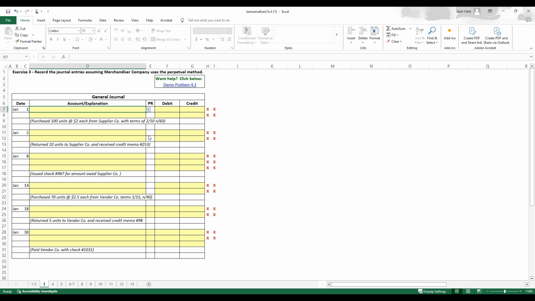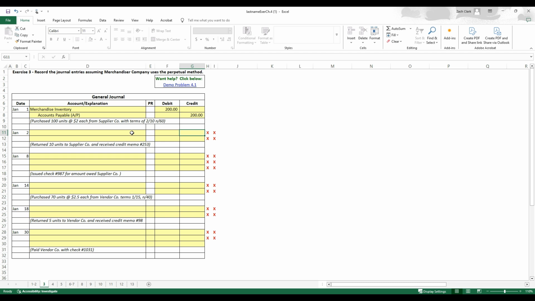When we're talking about purchases and inventory, merchandise inventory is going to be our debit for an increase to our asset. Whenever we do these merchandising transactions, it's always with accounts payable, essentially, as the credit there. So we got to do a little math here, nothing crazy, but we bought 100 units at $2 per unit, leaves us with $200.